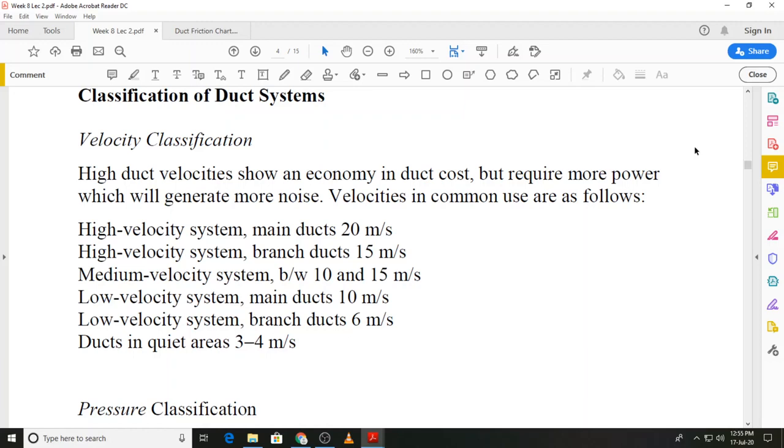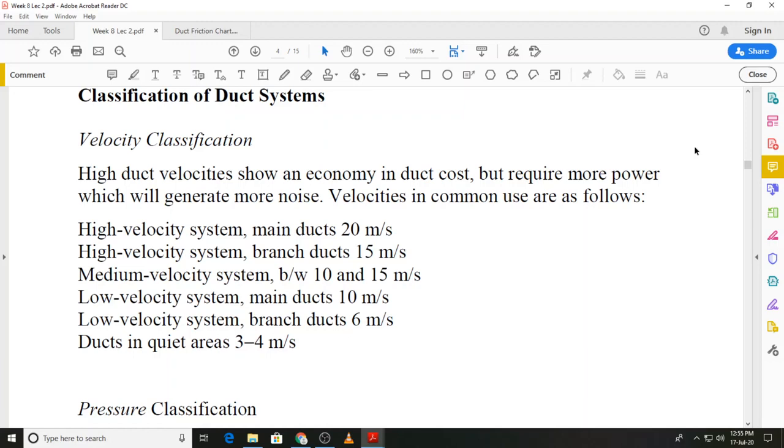In a high velocity system, the main duct velocity could be typically around 20 meters per second, whereas the branch velocities are around 15 meters per second.